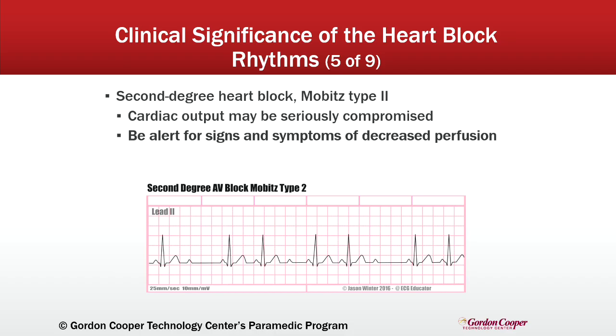Now, with Mobitz type 2, the cardiac output can be seriously compromised because the heart rhythm becomes more irregular, leading to missed beats and insufficient blood flow to the vital organs. So when you're dealing with this, you need to be cognizant of signs and symptoms of decreased perfusion, like hypotension, shortness of breath, dizziness, chest pain, confusion.